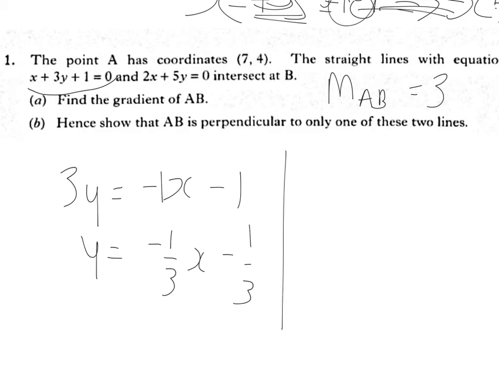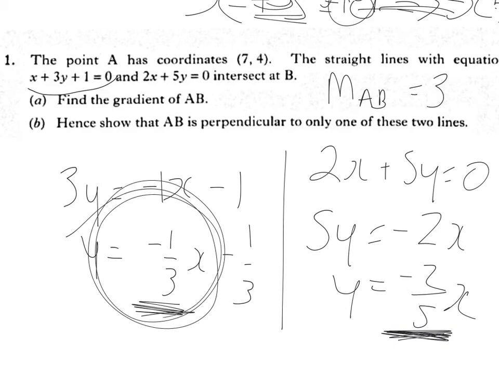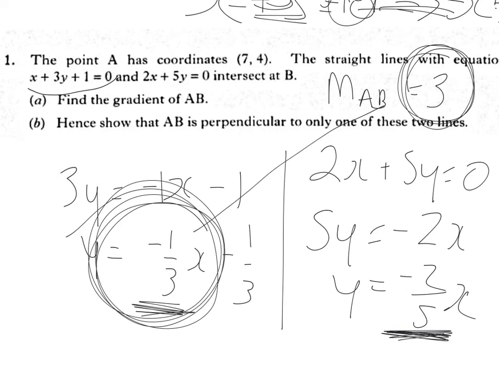That's the first one. Second one, I've got 2x + 5y = 0. 5y = -2x, and y = -2/5 x. So I can see clearly the gradient of this line is -1/3, the gradient of this line is -2/5. So this is looking like the one that's definitely perpendicular, because as you can see there's a close relationship with -1/3.